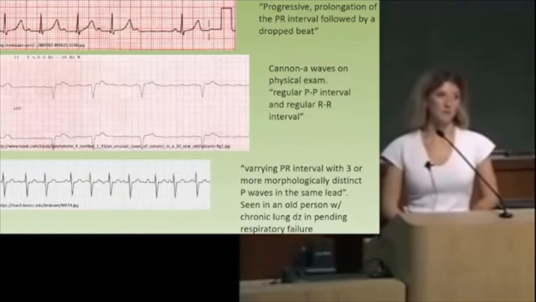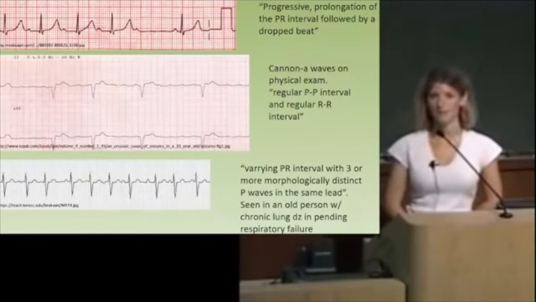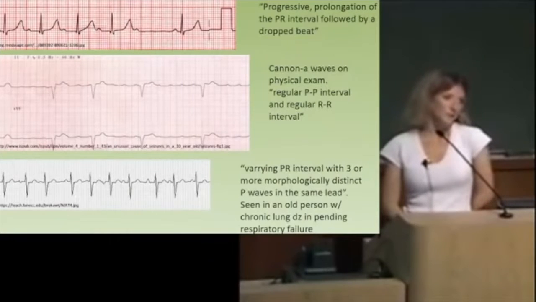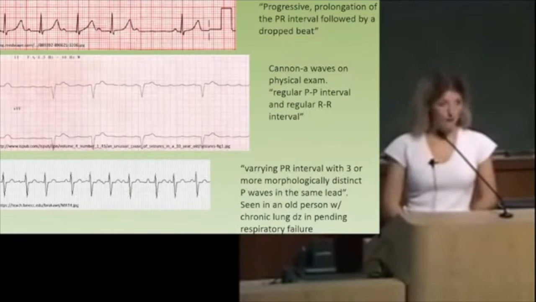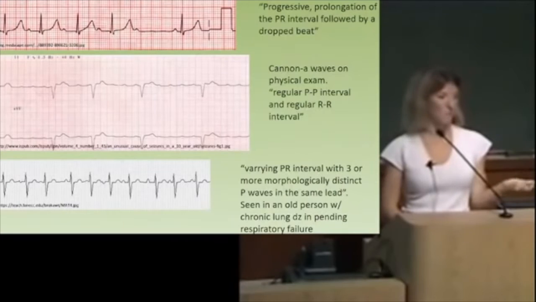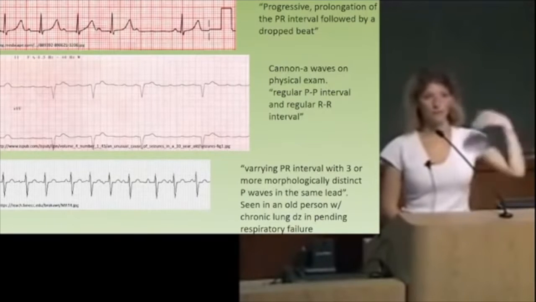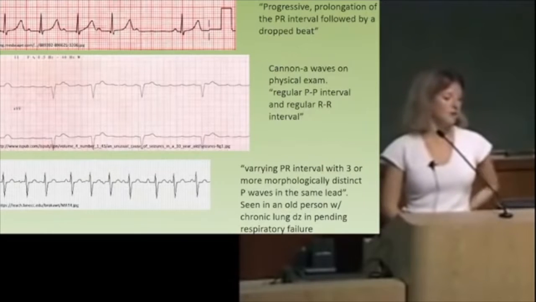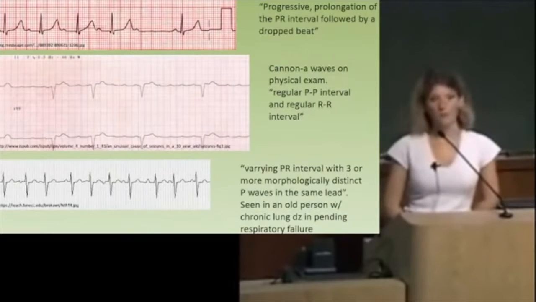This really happens in sick patients with bad pneumonia or otherwise really terrible respiratory disease. So if you see something and it looks kind of weird, you take a look at the P waves because if you can see them, it's probably not AFib. And if you find 3 that are different looking from each other, either inverted or a little sine wave or peaked and not peaked, if you see different P waves, think about MAT, multifocal atrial tachycardia.